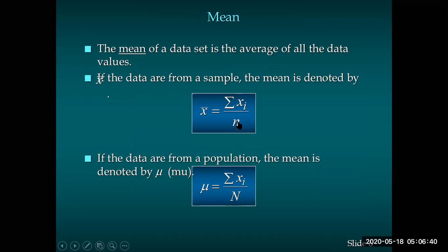We had 70. Now you can see we are using this Latin symbol with a bar. So X bar is summation Xi divided by n. X bar is for a sample. Mu is for a population. There is no difference in the formula, only the signs are changed.